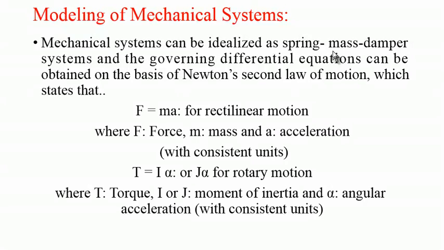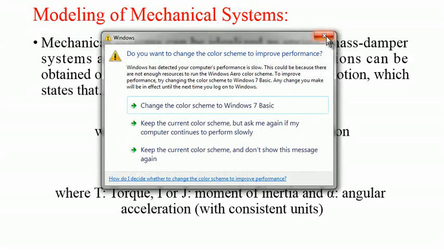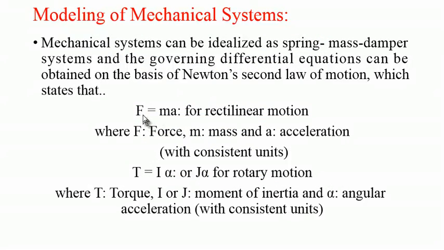So here F is equal to ma. This is one formula, and this is nothing but our mathematical model. And T is equal to I alpha. Sometimes you can use alpha as omega, so both are the same. Here T is equal to torque, I or J is the moment of inertia, and alpha is angular acceleration.